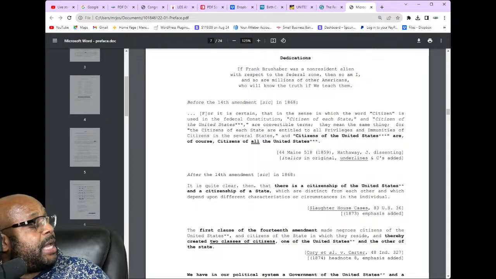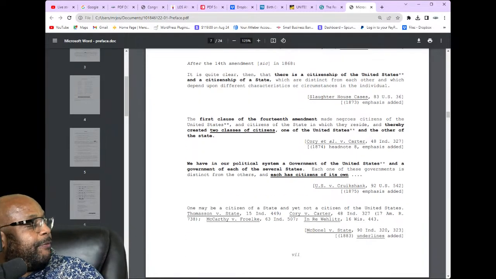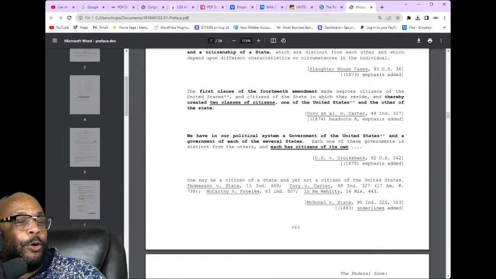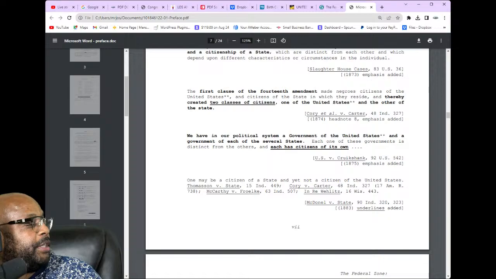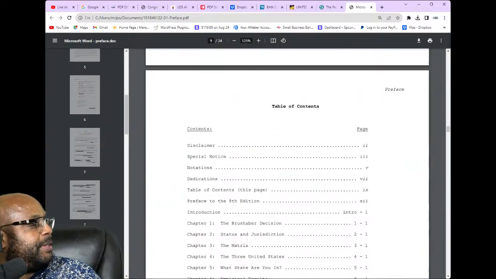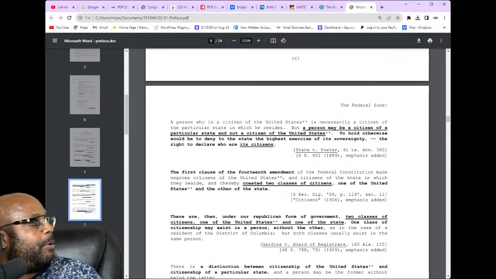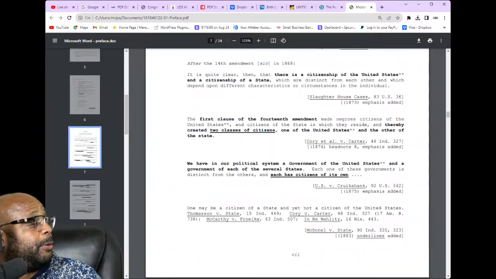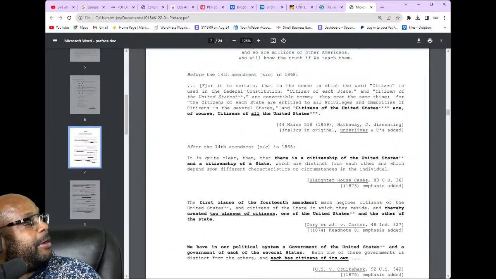Now, this was after the 14th Amendment. I forgot, I think he gives you before the 14th Amendment and after the 14th Amendment. Let me see if this is it. I'm trying to remember if this is the document, because I may be quoting from the wrong one, but all these citations of authority are good. Yeah, right here. See how he says after the 14th Amendment, 1868.